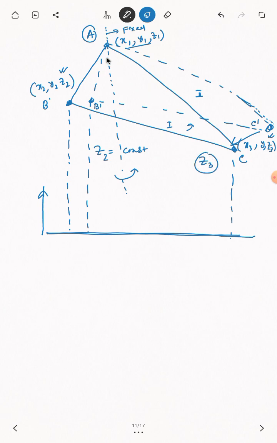If you make a structure like this in your house and make it swing about a fixed axis through A, you will see that from your floor, suppose this is the floor of your house, the height of these two will remain the same even if it is moving.